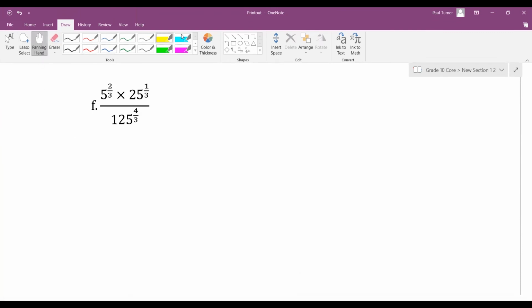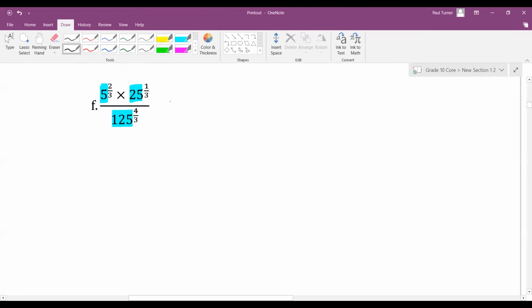Okay, so if you look at this question, F, hopefully you're up to there. If you're not, you can take a look. So for F, we've got 5 2/3, 25, and 125. So it's looking to me that we would make these powers with a base 5. So we want to use base 5 for these questions.